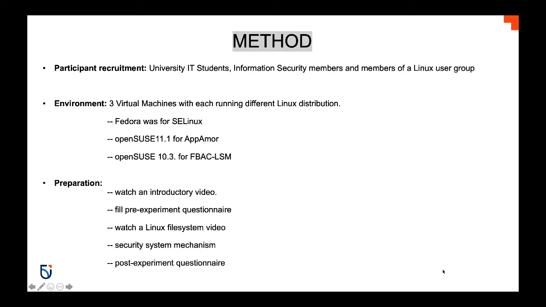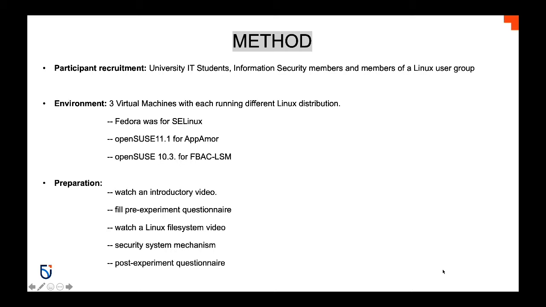Once the participants were recruited and the environment was prepared, the participants had to be prepped for the experiment itself, and this involved having them watch an introductory video which explained the goal of application confinement. That's the first thing.